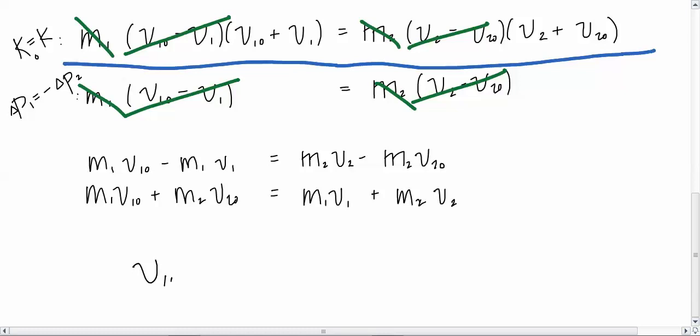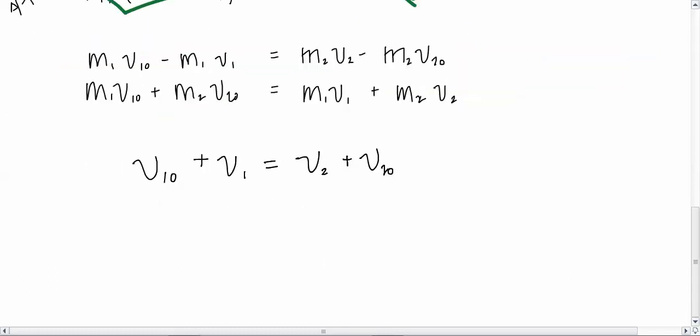The initial velocity of object 1 plus the final velocity of object 1 is equal to the final velocity of object 2 plus the initial velocity of object 2.